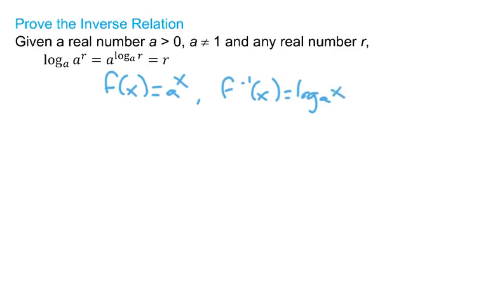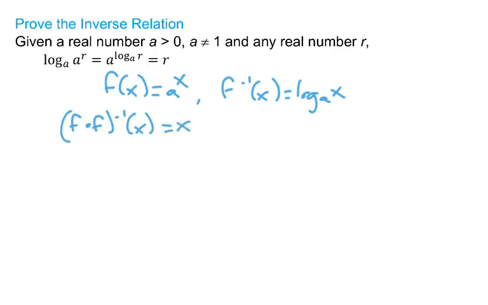Now, there's a property that we saw way back when we first looked at inverses of functions that says if you take the composition of a function and its inverse, you'll always get x.